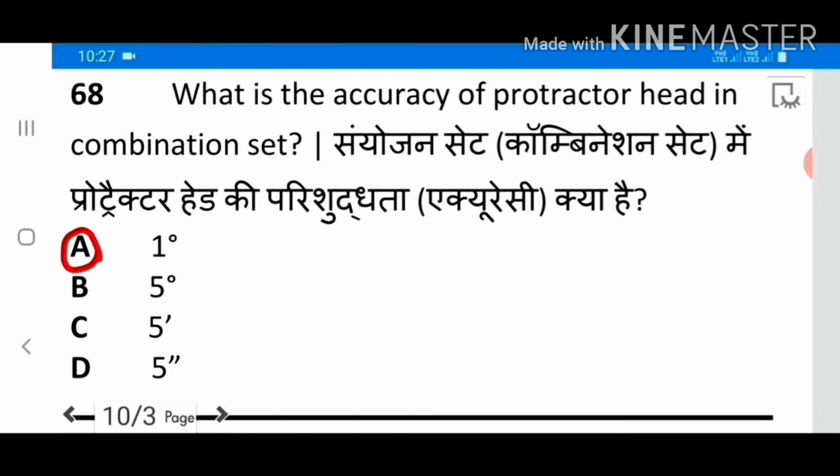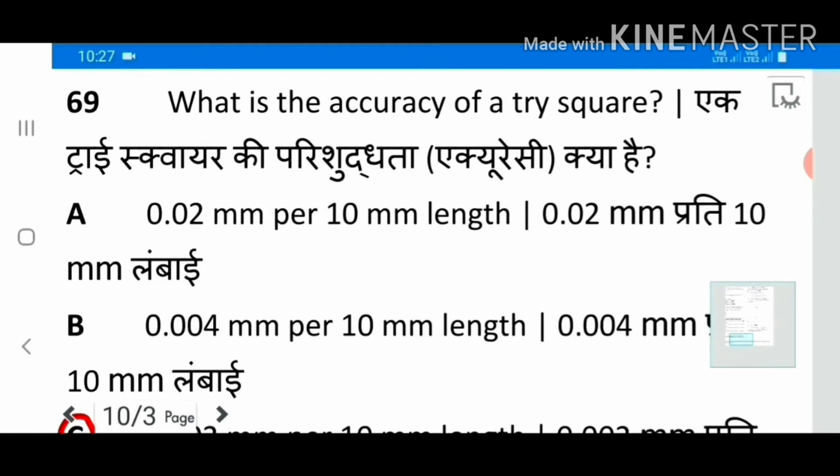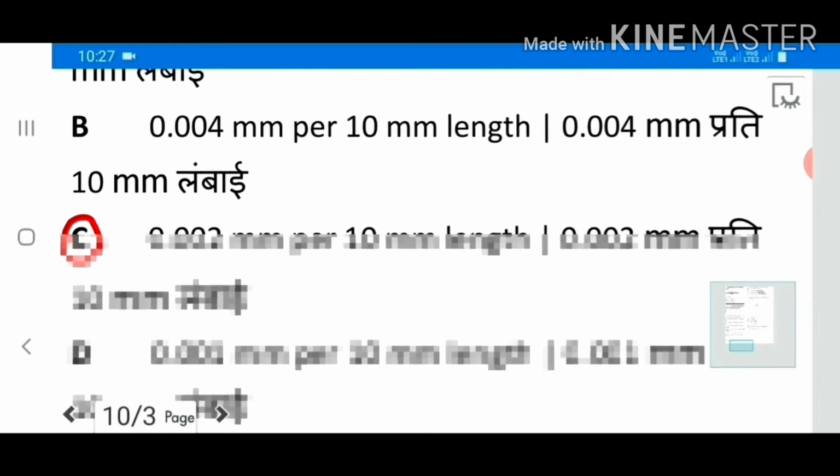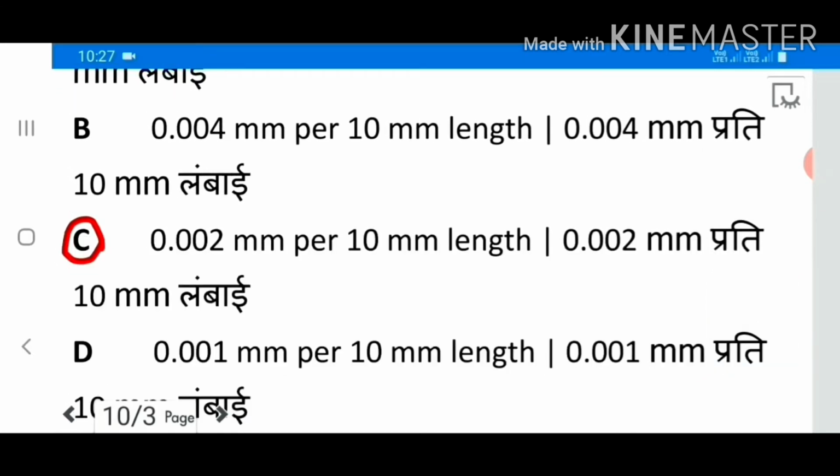Answer A. 1 degree. 69. What is the accuracy of a tri-square? Answer C. 0.002 millimeter per 10 millimeter length.